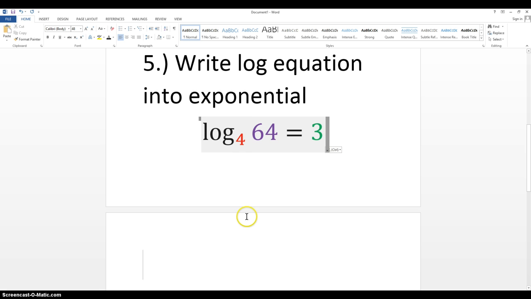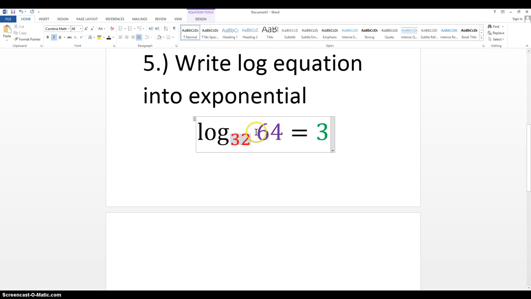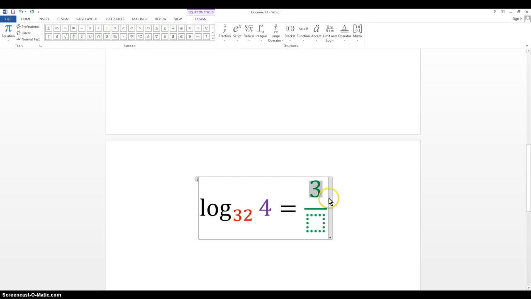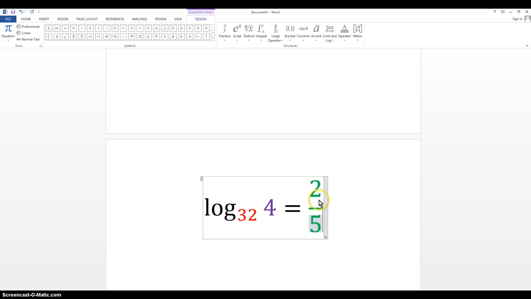So we have log of 32. So this will be 32. This will be 4. So we have log of 4 base 32 equals 2 over 5. And again, all we're doing is rewriting, so you shouldn't freak out that you're seeing a fraction.